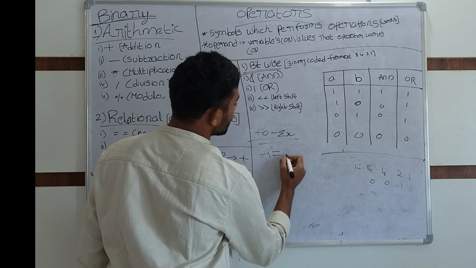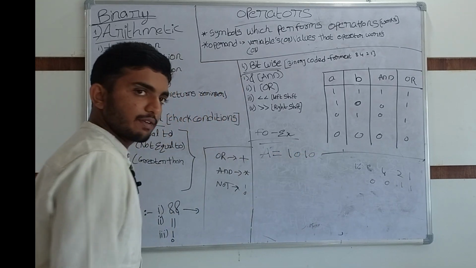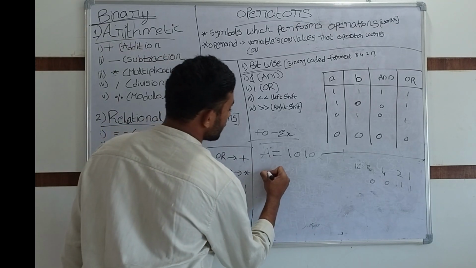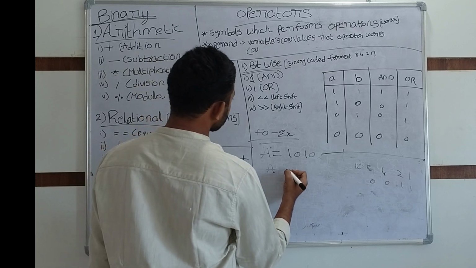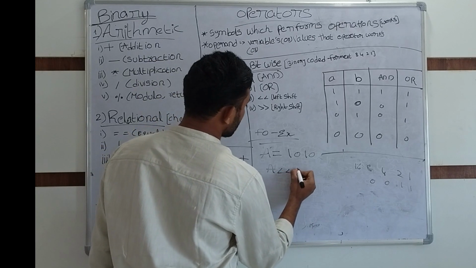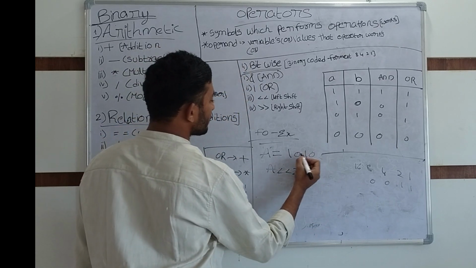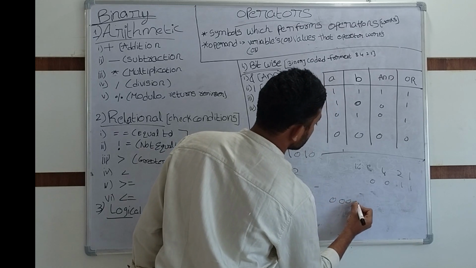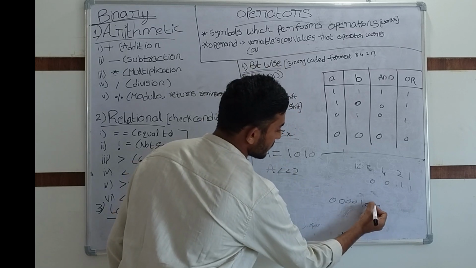If a is equal to 1 0 1 0, for example, the binary format is 1 0 1 0. If I shift this a by left shift of 2, that means it shifts like this. 2 shifts.